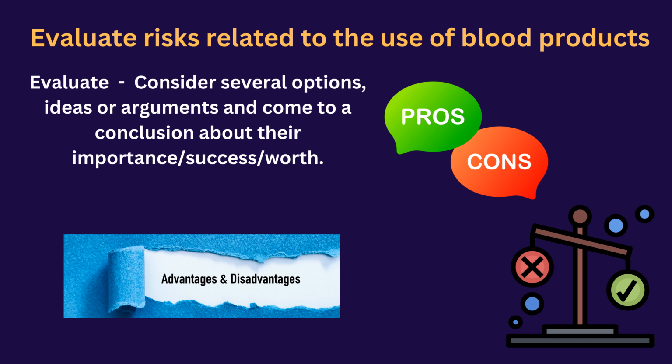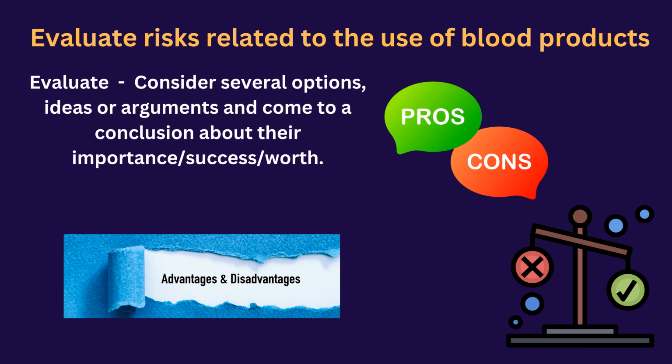Last objective, evaluate risk related to the use of blood products. Students, what I'd encourage you to do is to go to your exam board website, find the command word list and learn them. Look at the description. You need to understand the description. You need to understand what the examiners are asking you for so that you can score maximum marks.